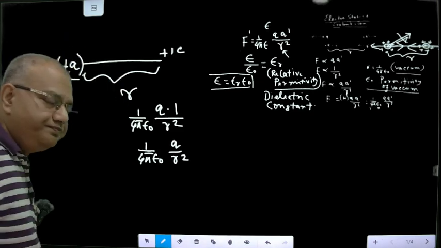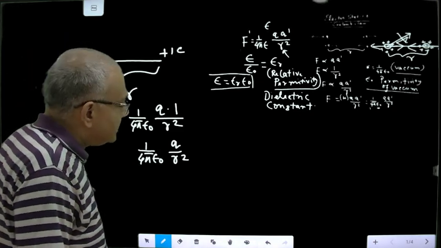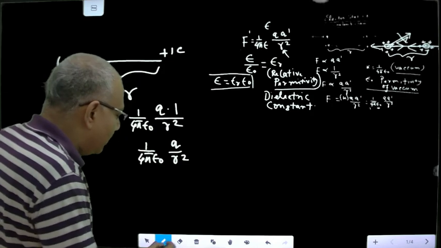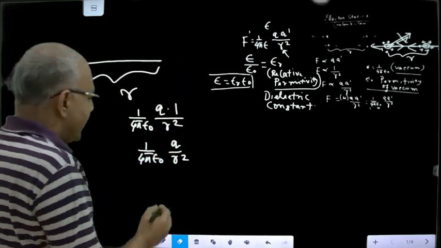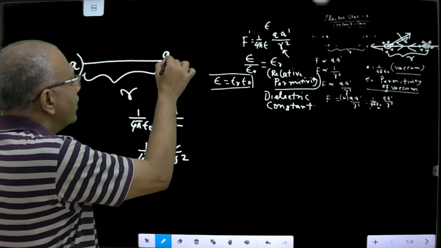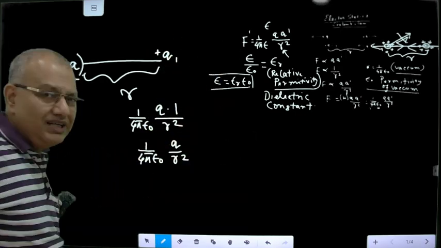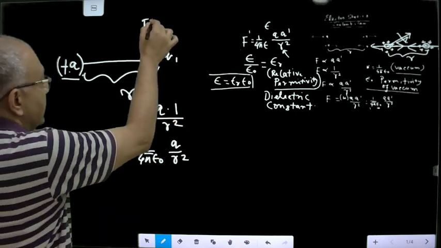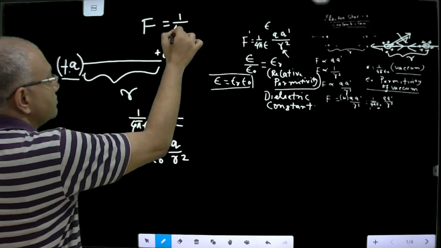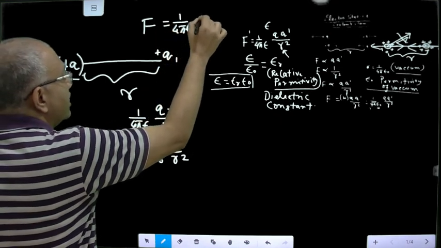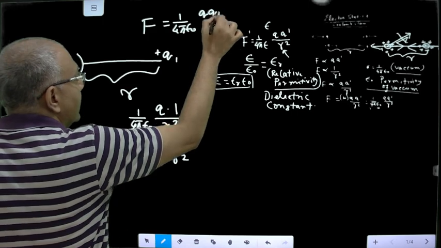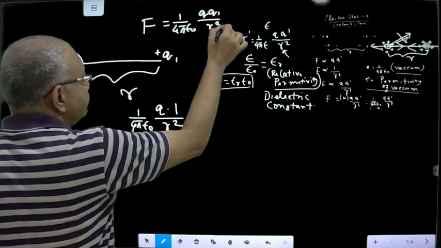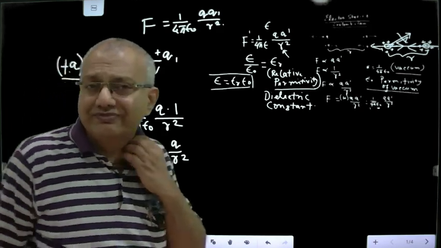Now, instead of this 1 coulomb, let us take another charge Q1 here. That is also positive. Positive or negative doesn't matter. So what should be the force? According to Coulomb's law, the force is 1 by 4 pi epsilon naught Q Q1 divided by r square. Okay, very nice.